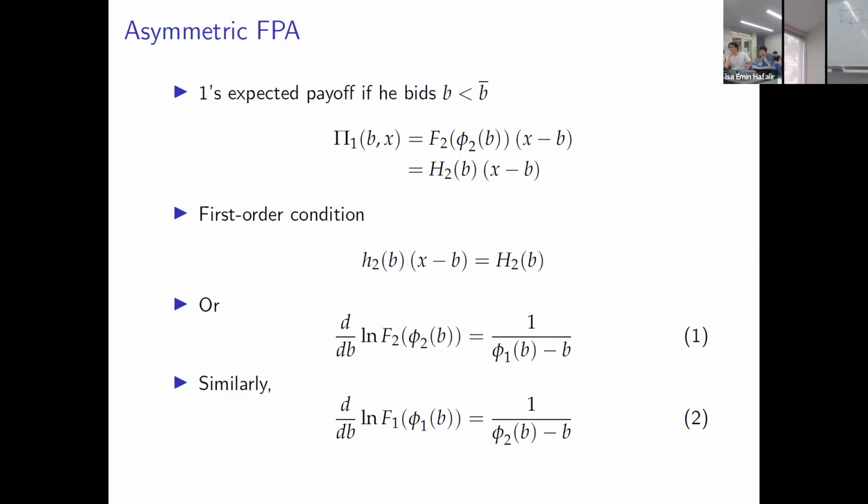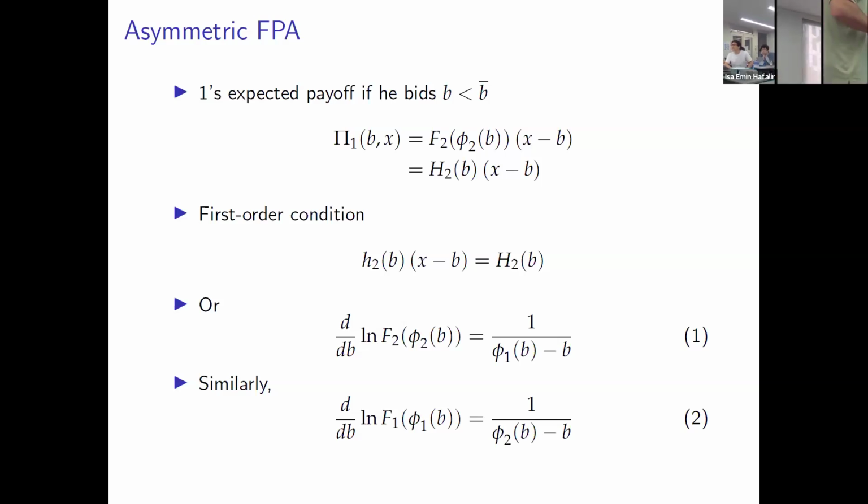So now we will have another notation. Remember, phi was the inverse of beta. Now let's call F of phi to be h. So I'm going to have this closed form: h2 of b times x minus b is the utility of bidder 1 who has a value of x and who bids b.